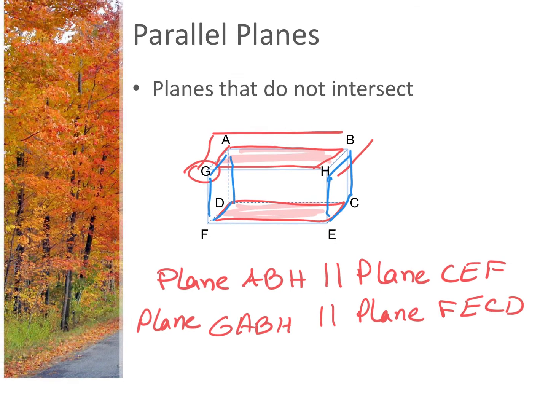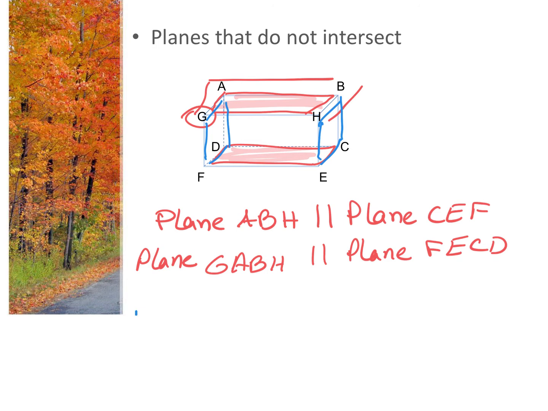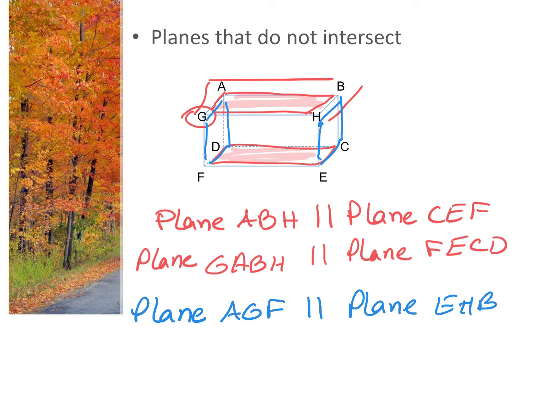Again, we can name this with a minimum of 3. So we could say the left side is plane AGF. And again, any order of those 3 letters, start wherever you want, is parallel to the right side, and you could say EHB. Any combination of the 3. If you wanted to start with C, you could do CBH.